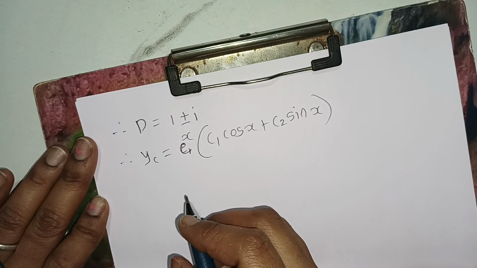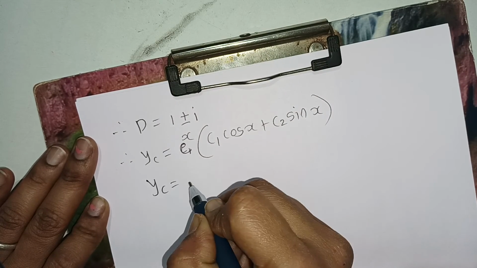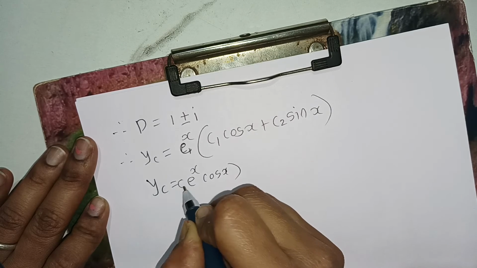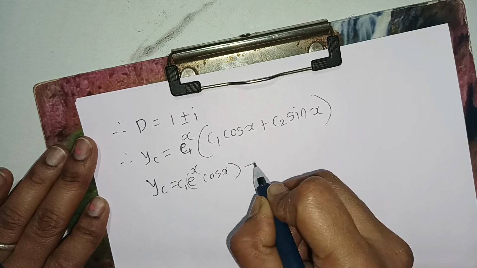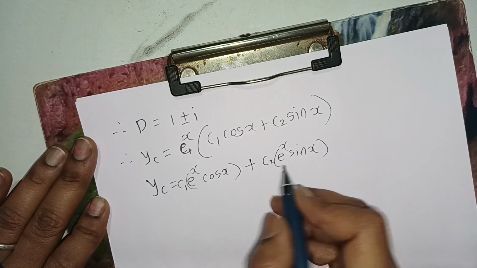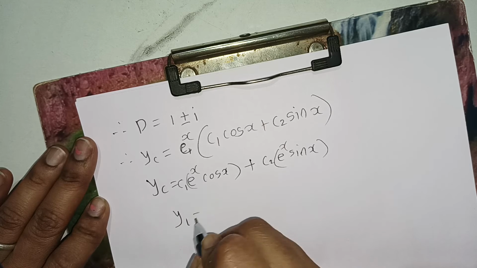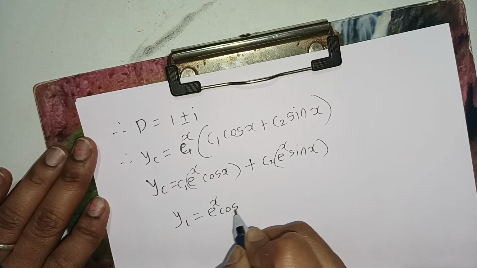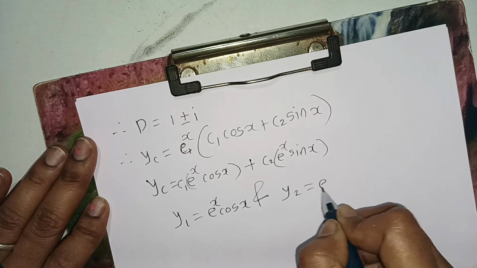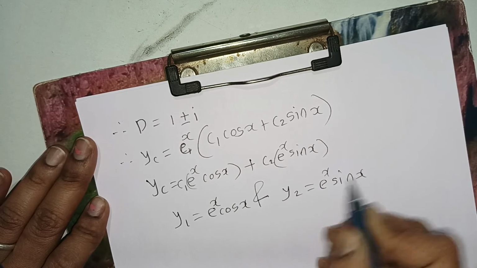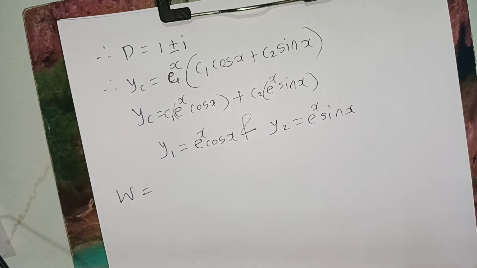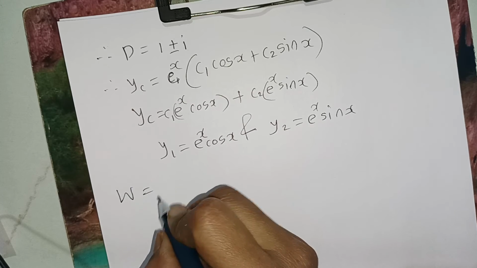So yc is equal to c1 times e raised to x cos x plus c2 times e raised to x sin x. So collect y1 and y2 from yc. y1 is equal to e raised to x cos x and y2 is equal to e raised to x sin x. Now we need Wronskian to find out u and v by using MVP, method of variation of parameters.